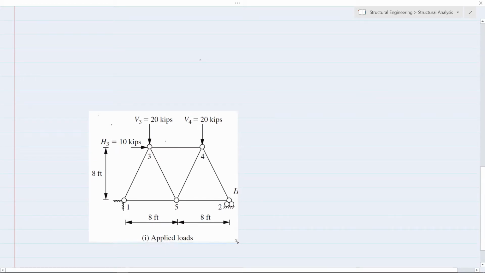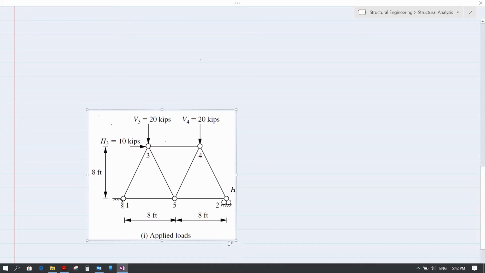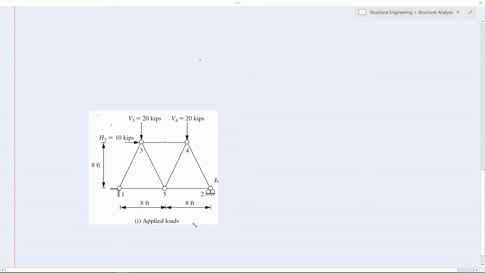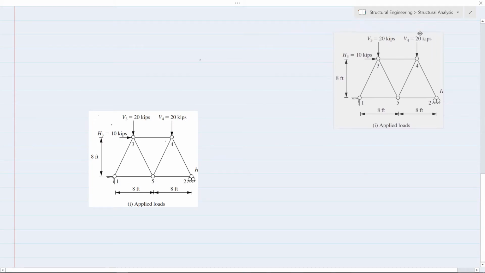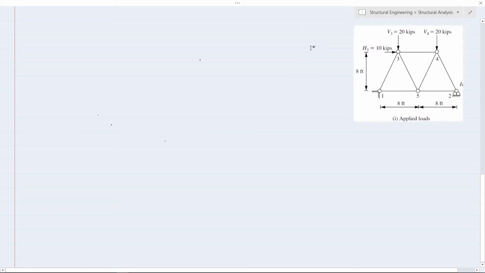Let me resize it. Let me place it in this corner. Now you can see that in this truss the nodes are already numbered and the forces applied are two vertical forces.